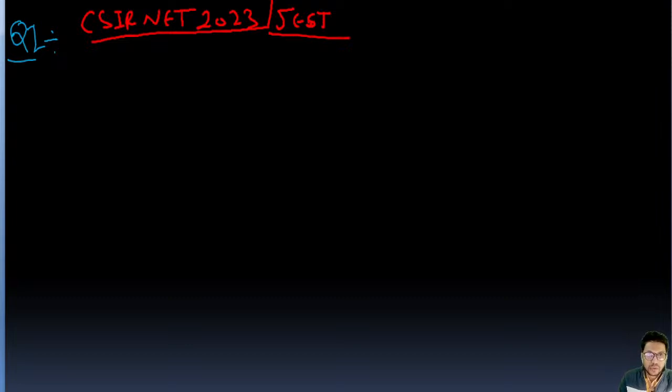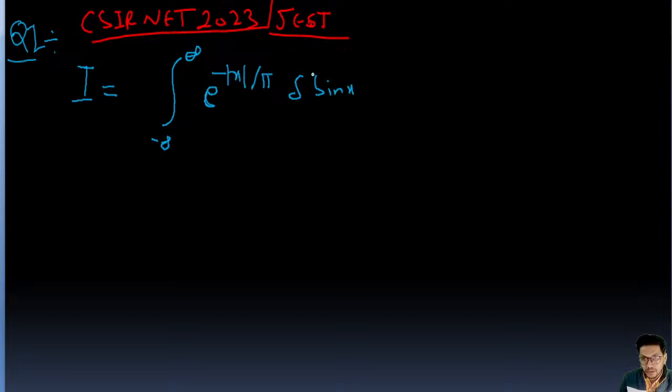The question is: you need to find I equal to the integration from minus infinity to plus infinity of e to the power minus mod x upon pi, times delta of sin x, dx.